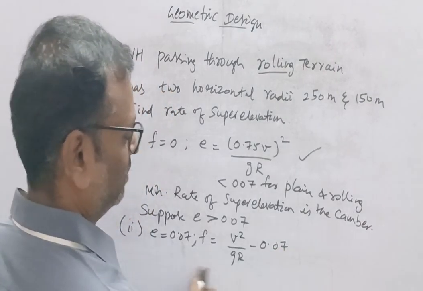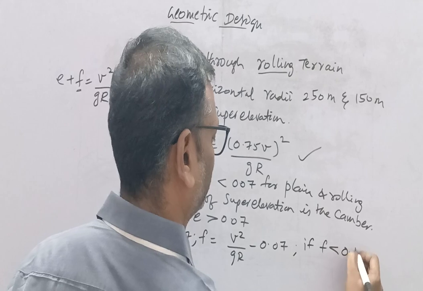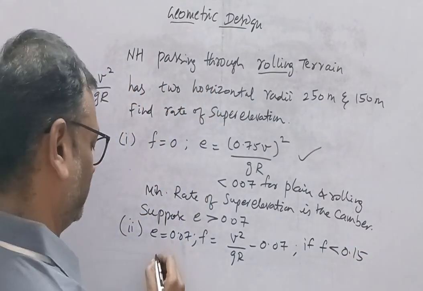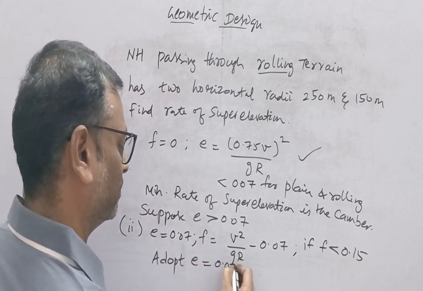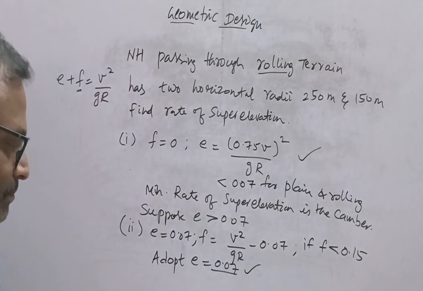Now if F is less than 0.15, that is the coefficient of lateral friction, then adopt E as 0.07 and the answer is over.